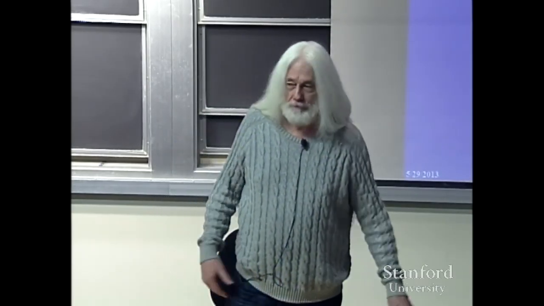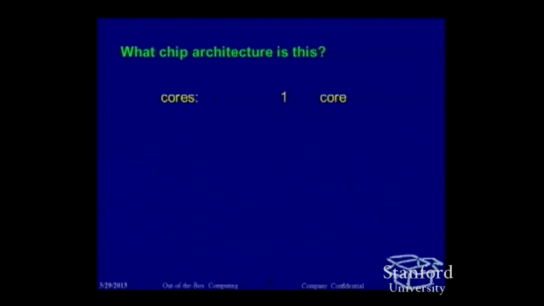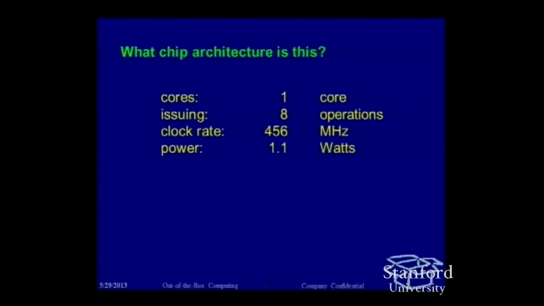One more example. This one's got 1 core, issuing 8 operations per cycle. Clock rate of not quite 500 megahertz. Only 1.1 watts. Am I in the way of people seeing this? I can move over if it would help.